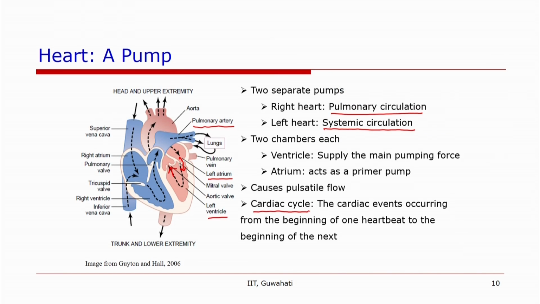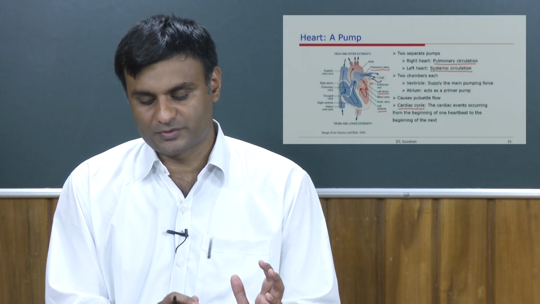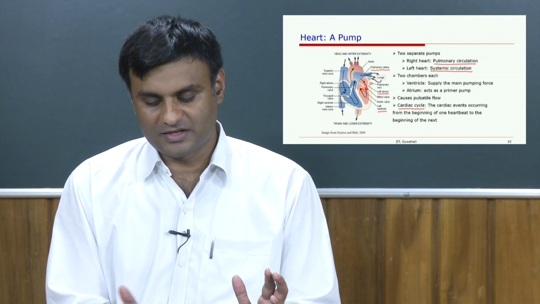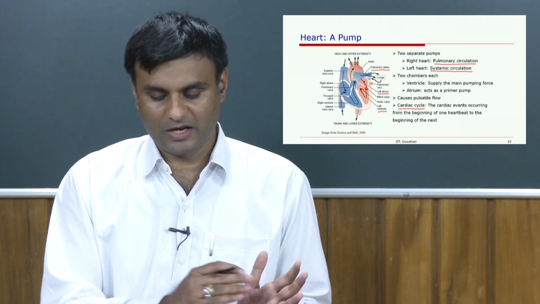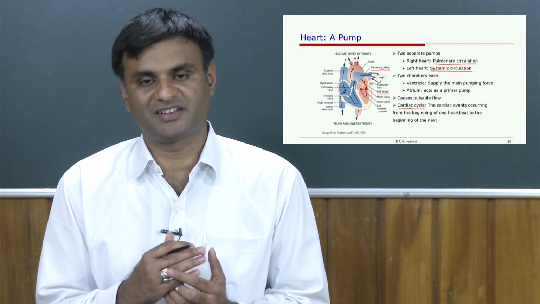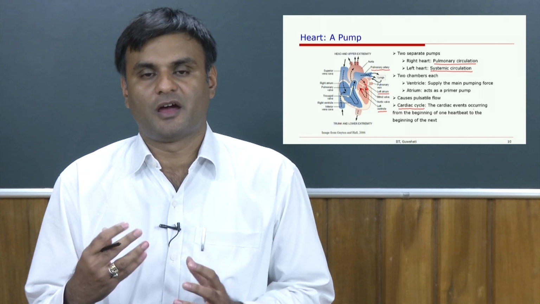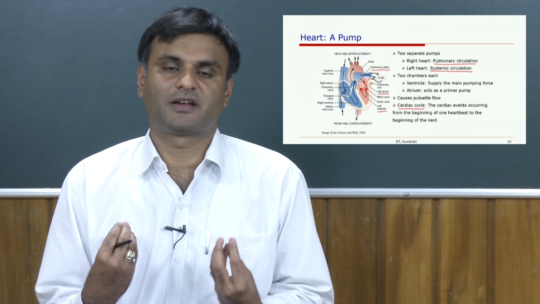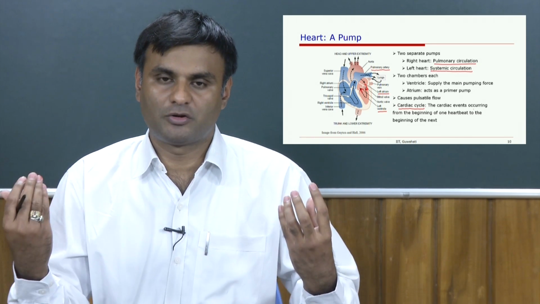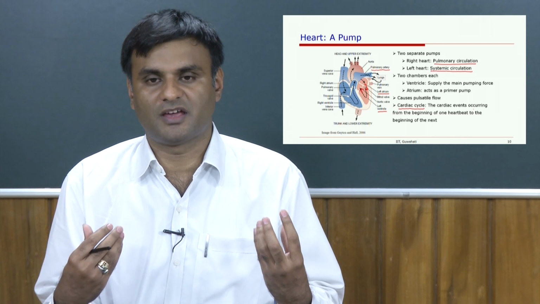In a normal human being, on average, there are 72 beats per minute, and the cardiac cycle can be defined as from the beginning of one heartbeat to the beginning of the next. During one cycle, both the pumps work, and the left and right ventricles supply blood to the organs where they are supposed to supply.